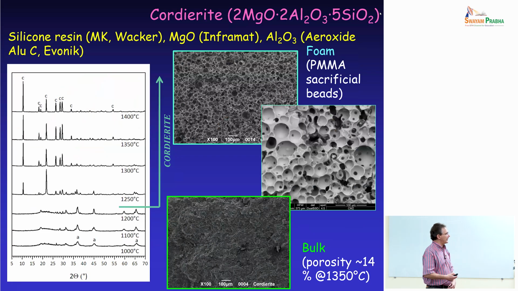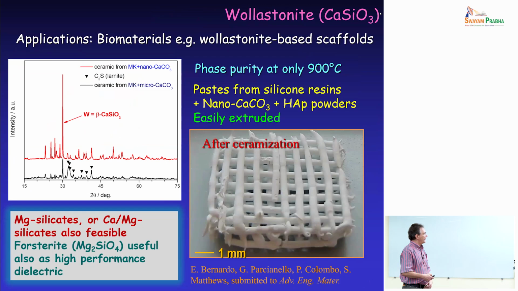You can also obtain other useful ceramic materials still containing silicon oxide, such as cordierite, which has a low coefficient of thermal expansion, so it's a good material for different applications, refractory applications. In this case, we were interested in foaming the material. This is the first example, but we are doing much better now, of course.